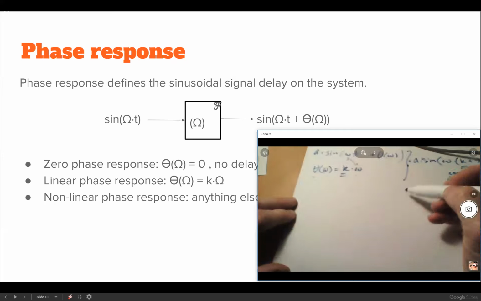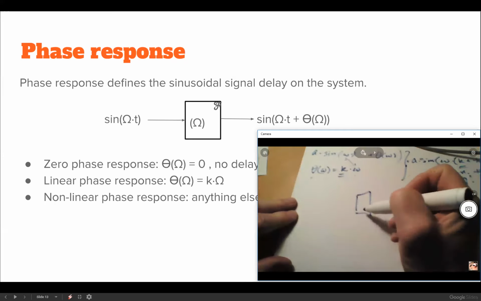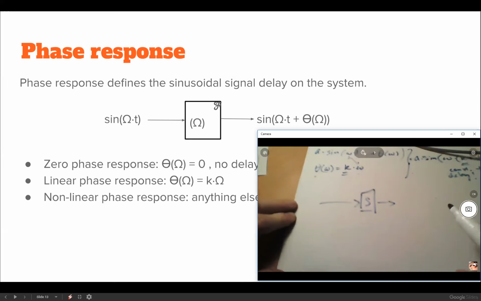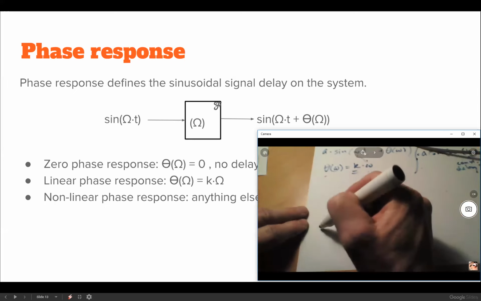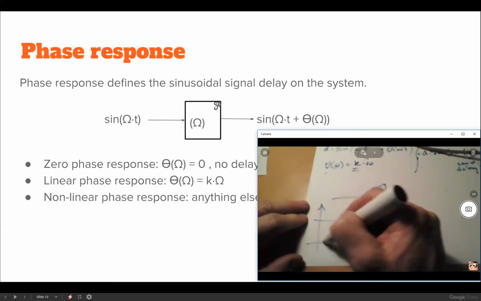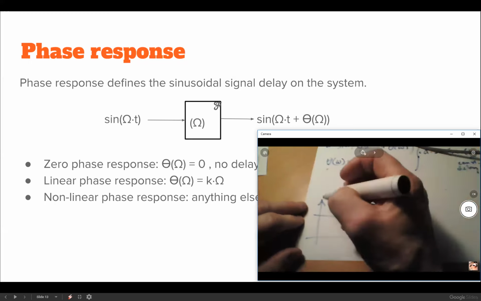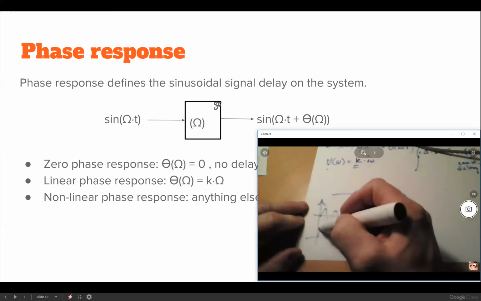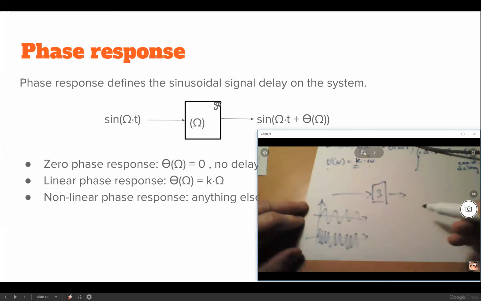Okay, so a system, and you have an input signal actually having two components. It has a lower frequency component and a higher frequency component.